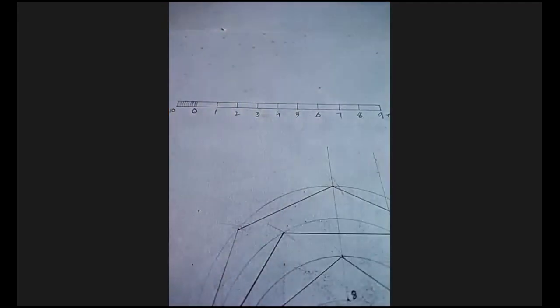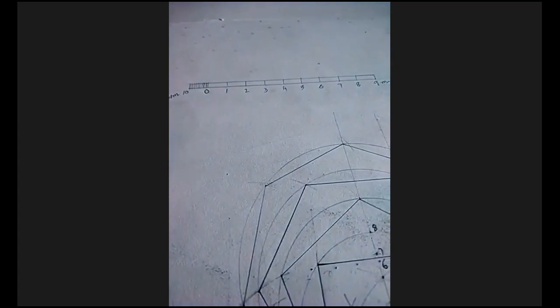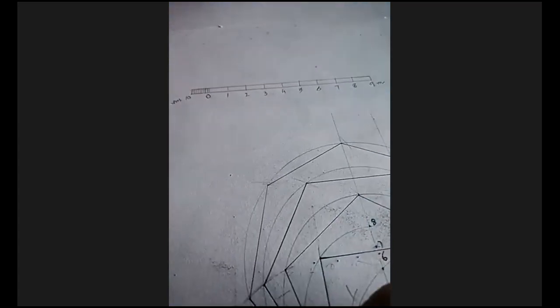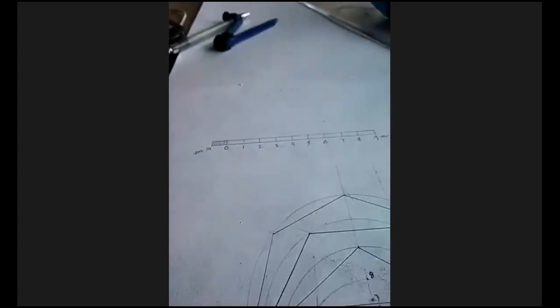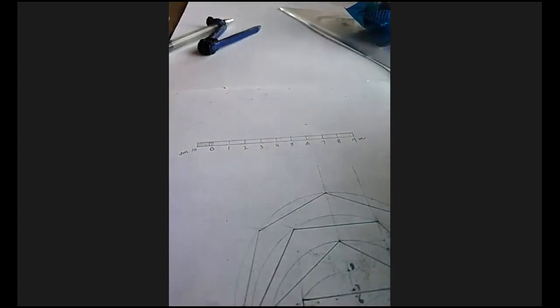This is our decameter, and this is our meter. Like this. Visible?